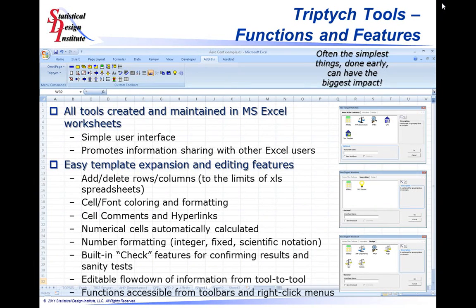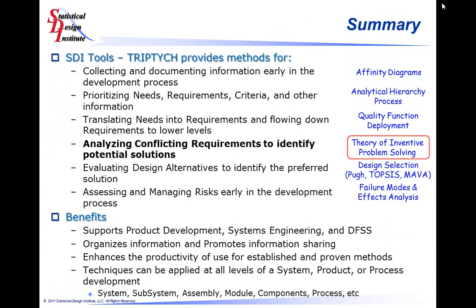So in this discussion, what we tried to focus on is analyzing conflicting requirements in order to identify potential solutions. You could use a technique to address processes. You could use it to address a very technical area of a product, maybe weight versus velocity, power versus speed, reliability versus temperature, many different areas that you could investigate to look at ways to come up with technical solutions to a problem.